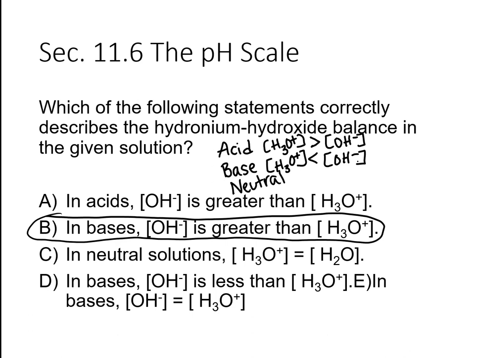You're making hydronium. With a base, it's the opposite. You're not making very much hydronium. You're making hydroxide. And these concentrations are equal for a neutral solution, like pure water.